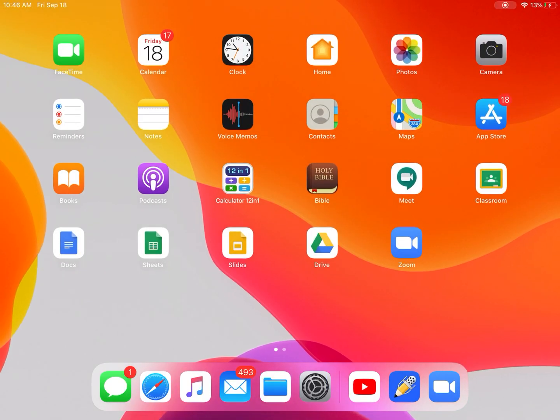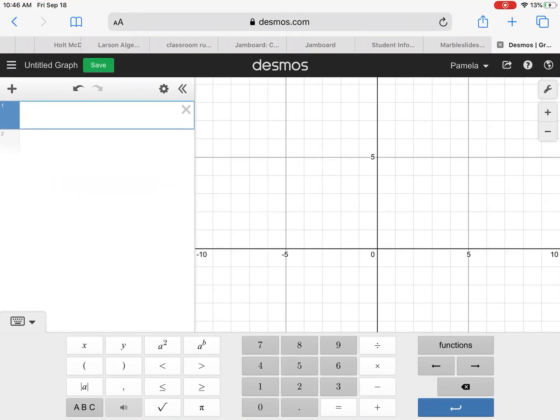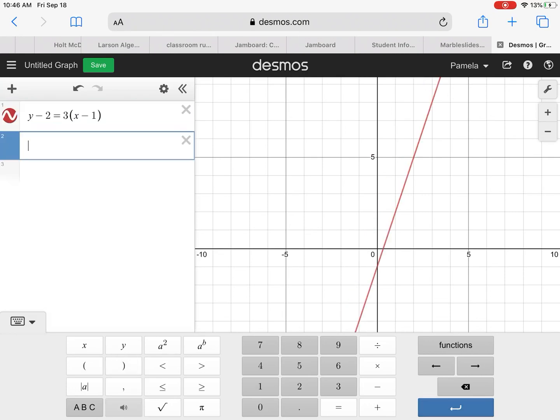So here's what I want to show you. If I put in the first form that we came up with, which was y minus 2 equals 3 times x minus 1, in parentheses, this is in red the line that we're talking about. Now I'm going to write the next form and see how my calculator graphs it.